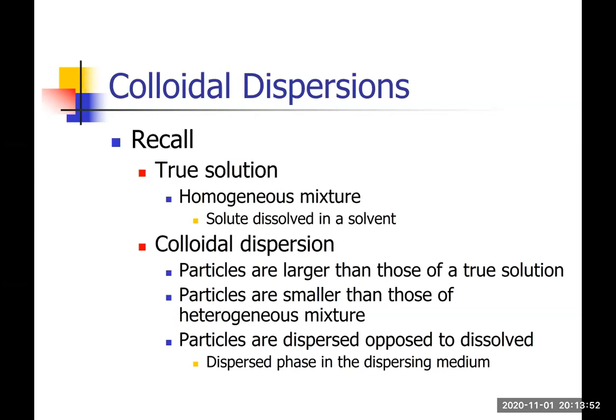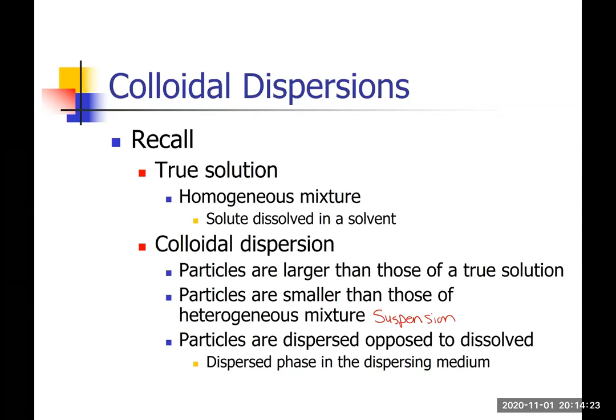With a colloid dispersion, we have particles that are a little bit larger than those of a solution, but smaller than those of a heterogeneous mixture, which we would call a suspension. So a suspension has even larger particles than a colloidal dispersion.